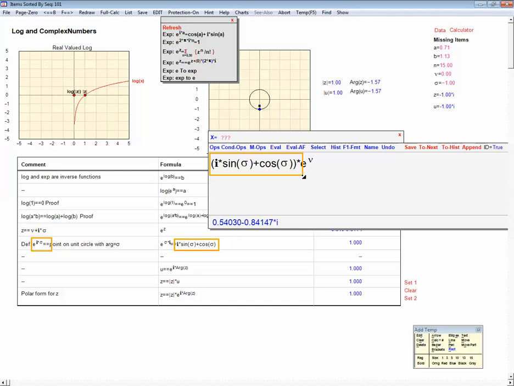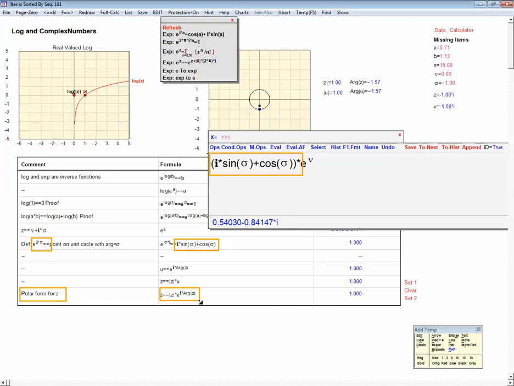All right, now again, remember we're heading towards the idea of being able to take the log of a complex number. In order to do that, we have to talk about the polar form for a complex number. And the polar form for a complex number is this. You can write z as the product of two things.